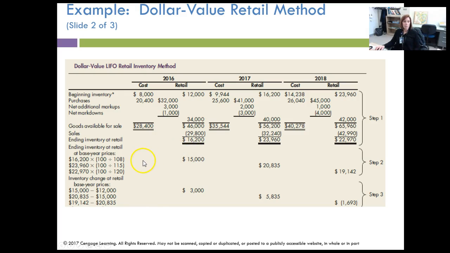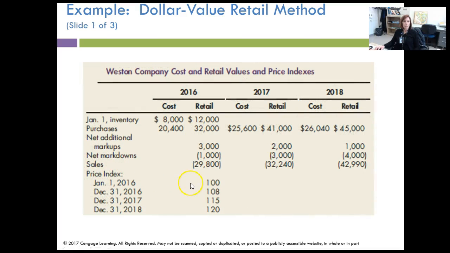And so now we calculate what the ending inventory at retail at base year prices is. So let me go back. You see our base year at the beginning of January of 2016 has an index of 100.